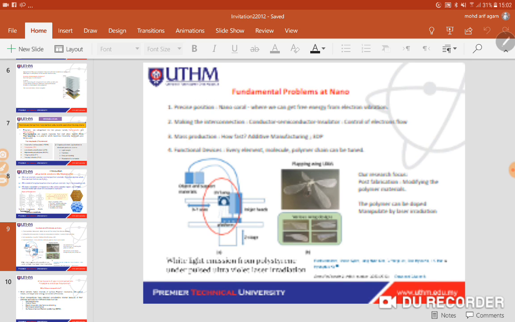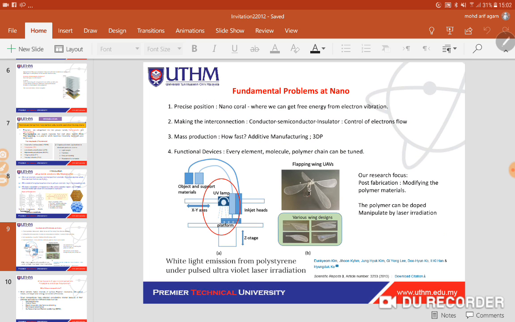So now, once we know the polystyrene, we need to know what is the basic problem at the nano regime. The first thing is precise positions. Why do we need to precisely position material? Because such as nanocora, where we can get free energy from electron vibrations, and making the interconnections. Once you fabricate, you need to create the interconnections, and of course later on mass production for creating devices.